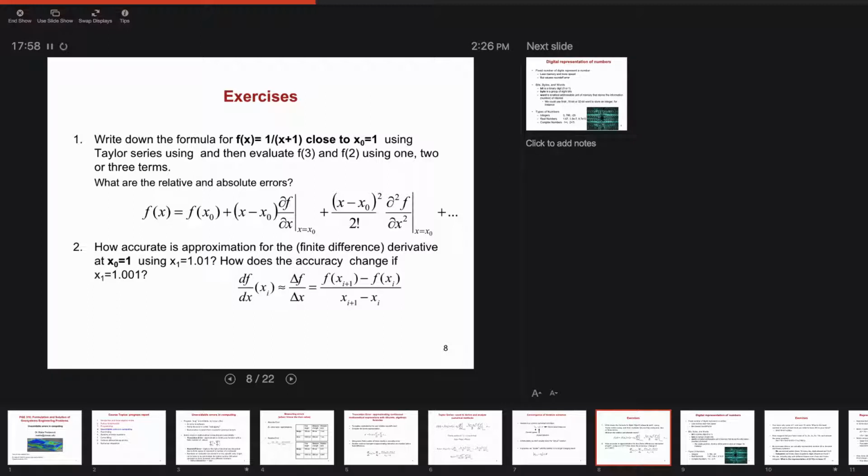Good news is that for this function I can actually evaluate the function. I know the function, but I want to see how good the Taylor series is. So what I'd like you to do is have a little spreadsheet, something like this.